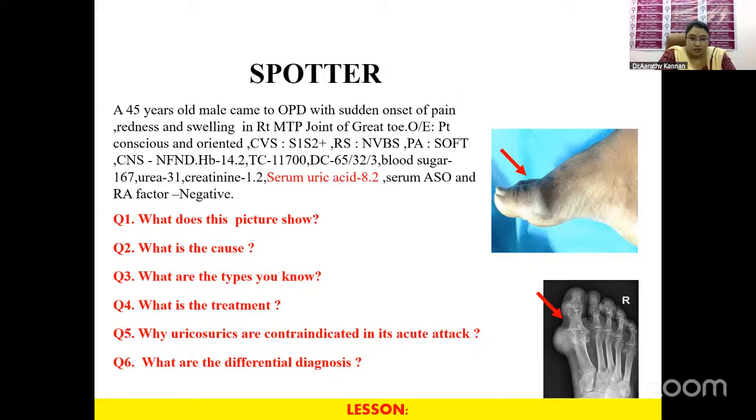What is the treatment you will give for this patient? Why are certain drugs contraindicated in this acute attack? And for these acute symptoms, what will be the other differential diagnoses you can think of?